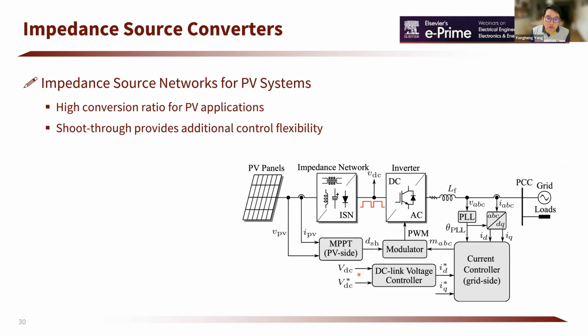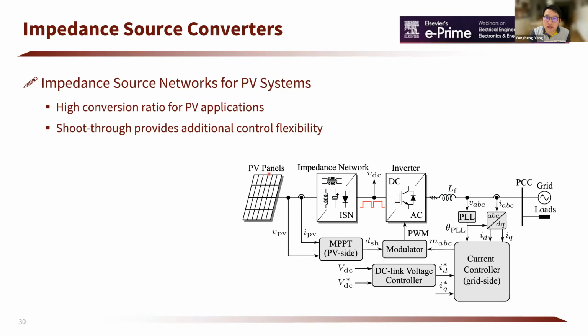And furthermore, we give an example for these impedance source converters. Why do we have these impedance source converters? Because for applications like microinverters, we have to connect the low voltage PV panels to the high voltage grid. The PV panel's typical voltage level is around several tens of volts, but for the grid side, that's 110 volts or 220 volts.